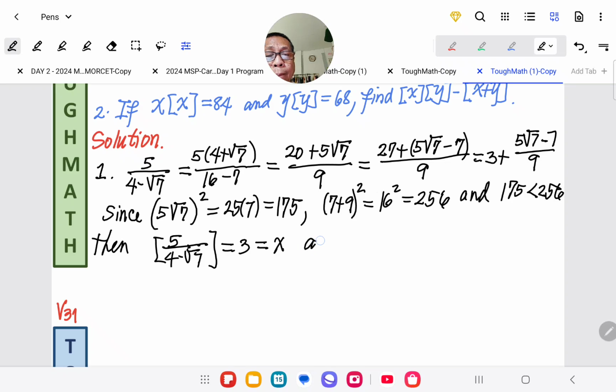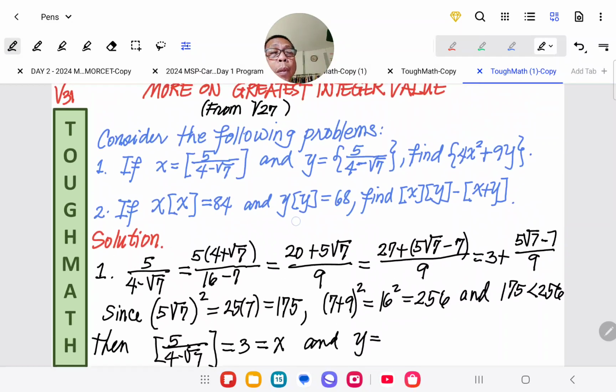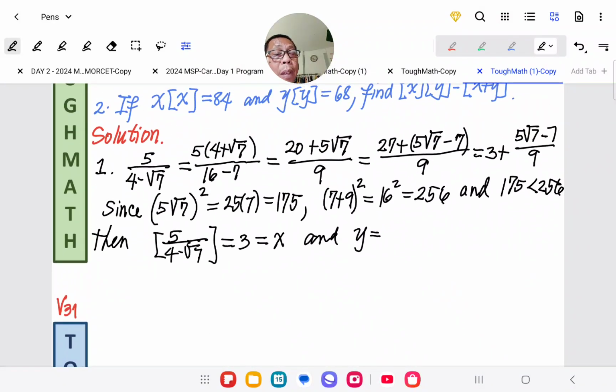And y is equal to 5 square root of 7 minus 7 over 9, because this is the fractional part of 5 over 4 minus square root of 7.